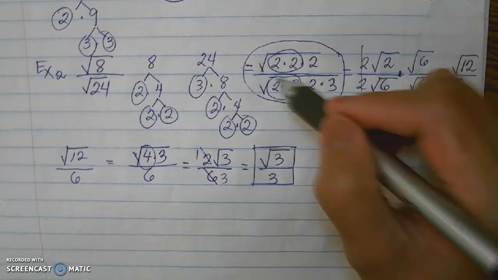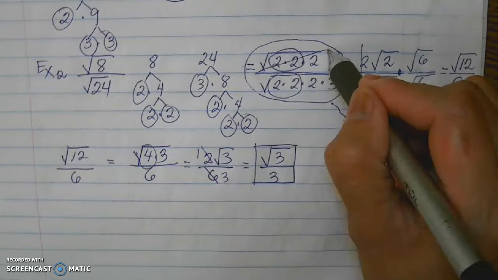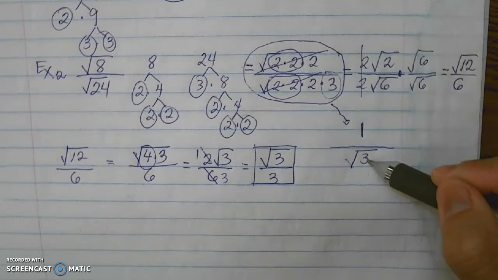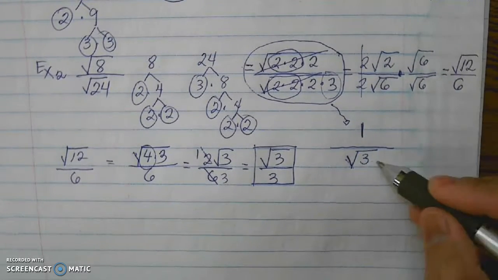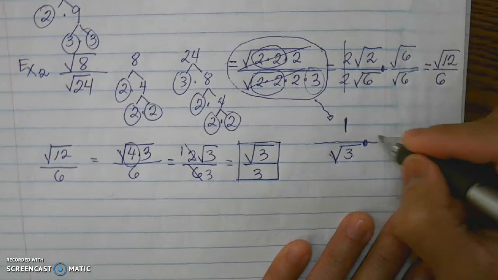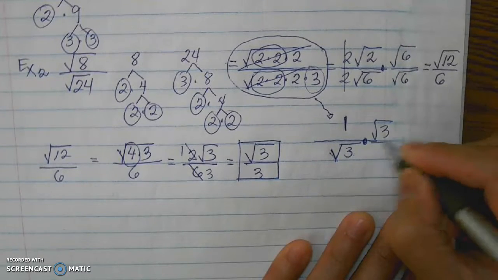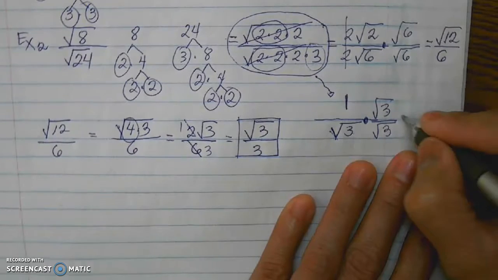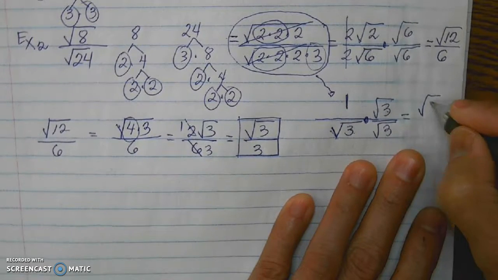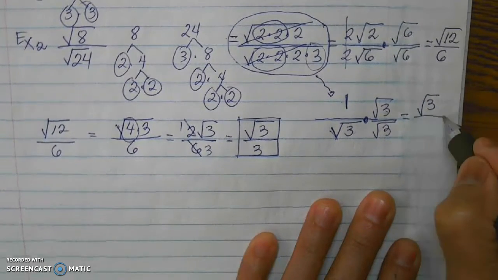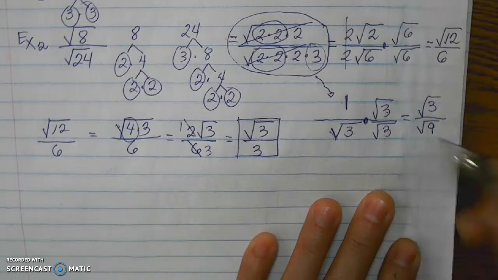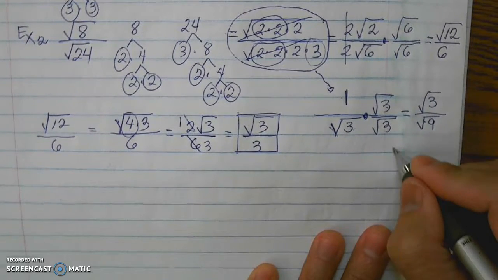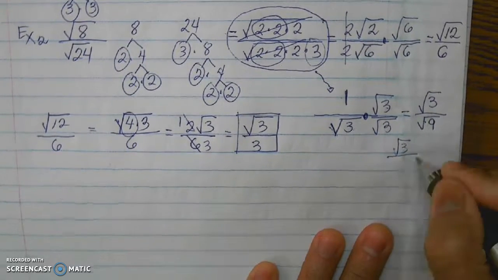Because this cancels out with this, but please don't forget, this is still inside the radical. Therefore, this is the only thing we need to remove. So if I remove this by multiplying it by 1 in the form of square root of 3 over 3, 1 times square root of 3 is square root of 3 over square root of 9, which is the same thing as this, square root of 3 over 3.